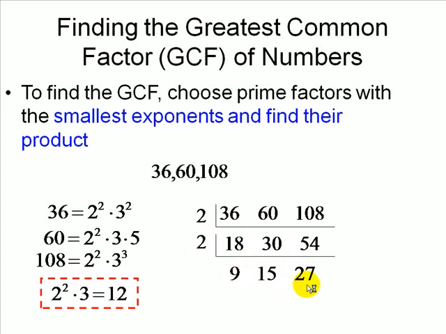We see that 3 is common among them. So 9 divided by 3 is 3, 15 divided by 3 is 5, and 27 divided by 3 is 9. And we can see here that this cannot be broken down any further. So when you collect these terms, 2, 2, 3, we get the same result using this approach.